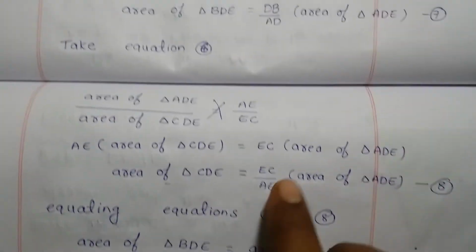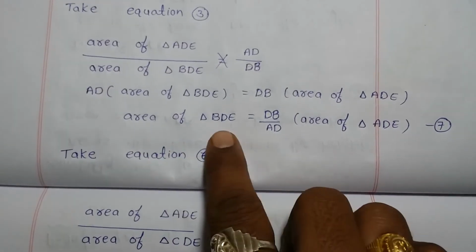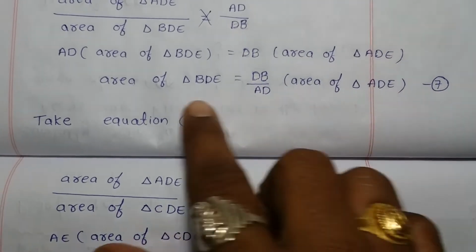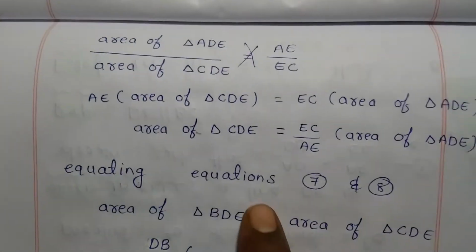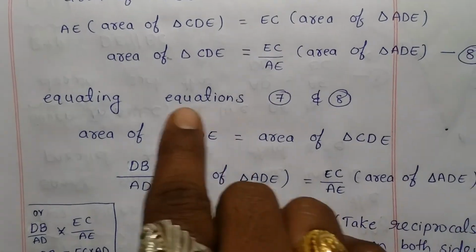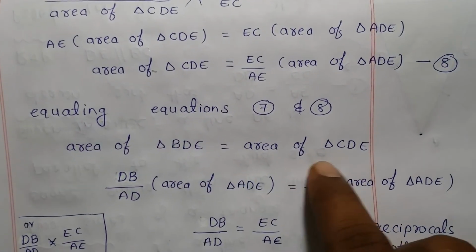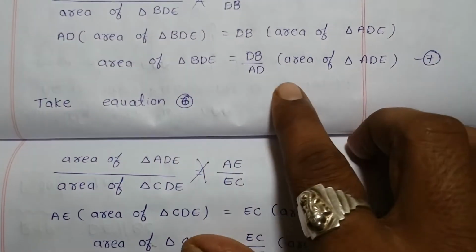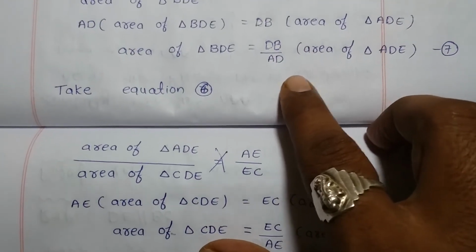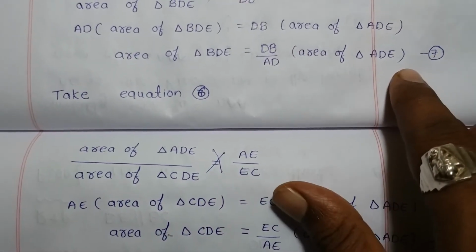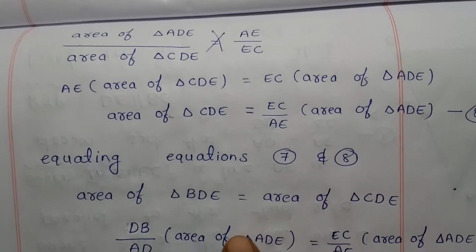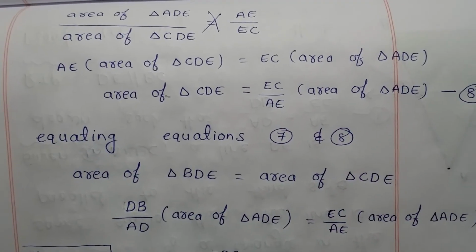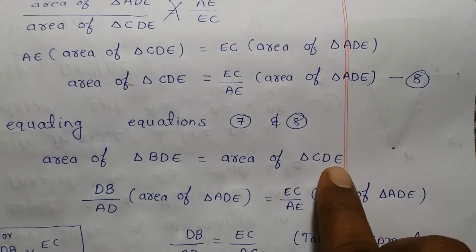So equation 7 is area of a triangle BDE is equal to DB by AD into area of a triangle ADE. This is area of a triangle BDE. So I am equating area of a triangle BDE is equal to area of a triangle CDE. So area of a triangle BDE is nothing but DB by AD into area of a triangle ADE, that is equal to area of a triangle CDE.